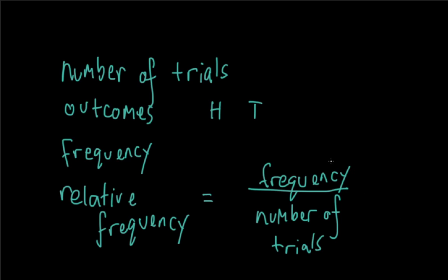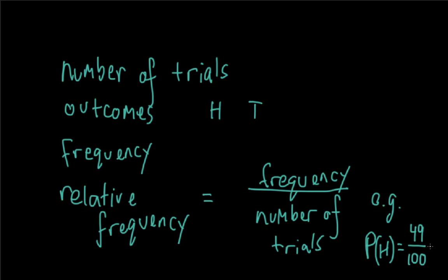In the case of our example of coins, we found that 49 out of the 100 times that we flipped the coin were heads. So in our example, our relative frequency we would write as P for probability, then we write our outcome inside brackets, and we would calculate it as 49 divided by 100.